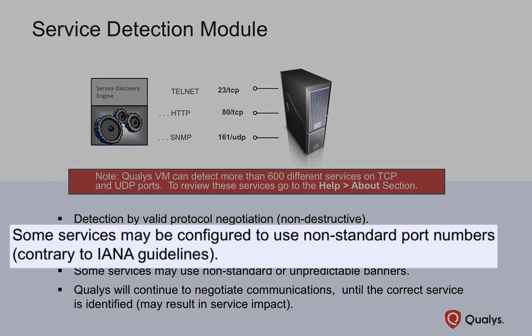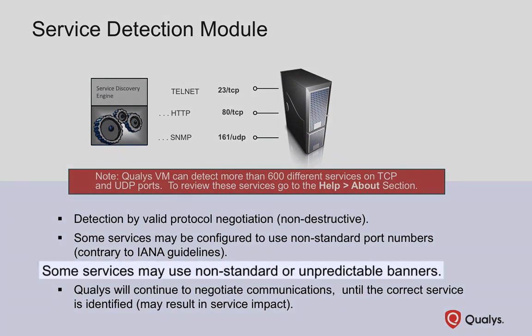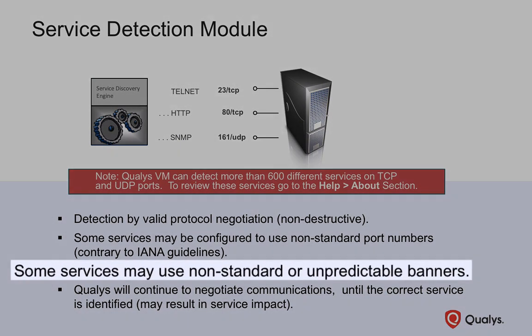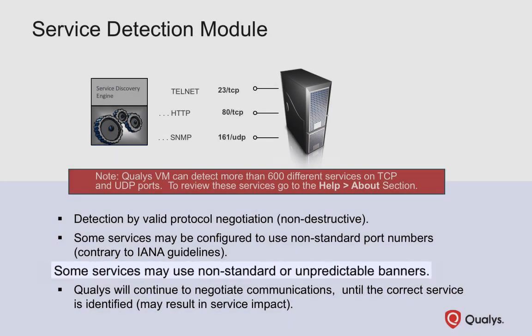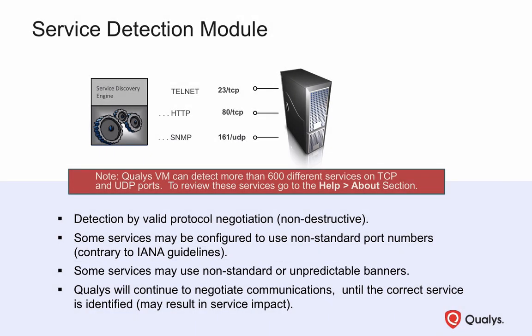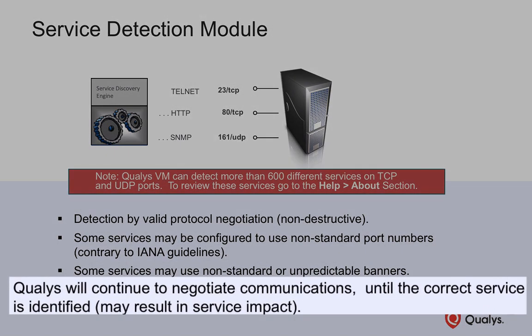However, some services may be configured to use non-standard port numbers, and other services may be configured to use non-standard or unpredictable banners, which also play a role in the service detection process. If the initial test is not successful, Qualys will continue to negotiate communications with the targeted port until the correct service is identified.